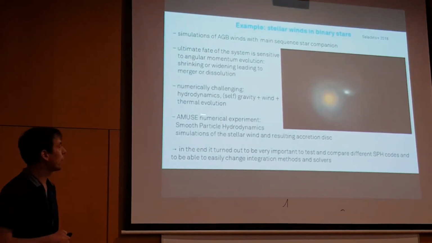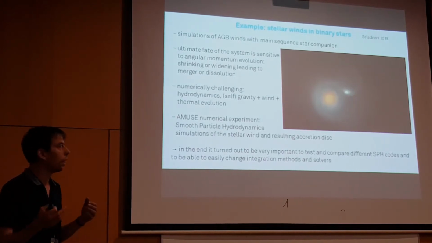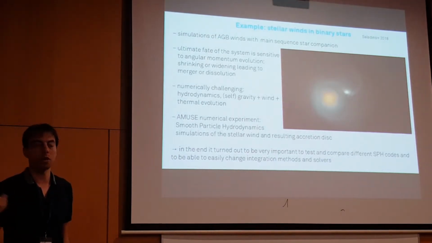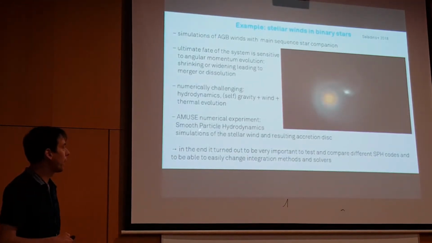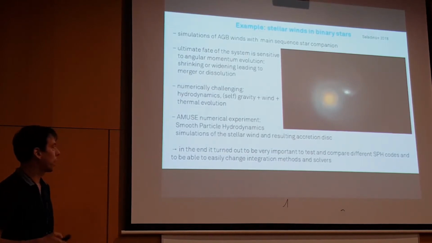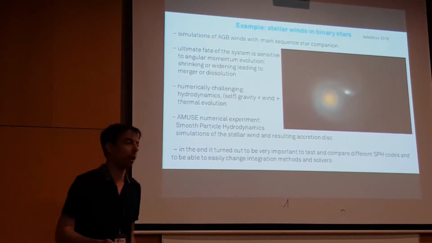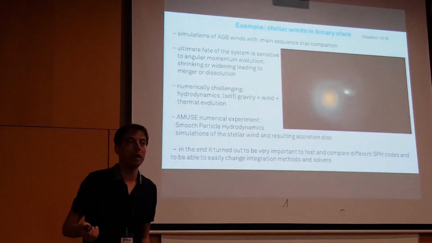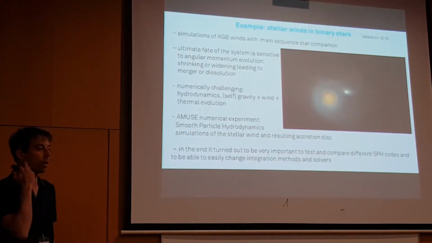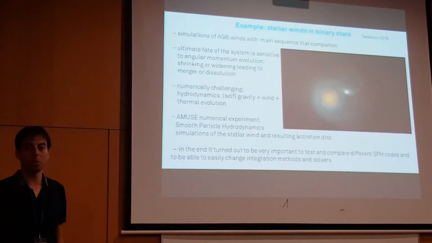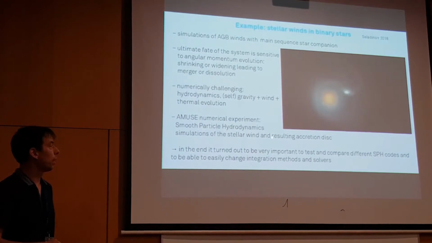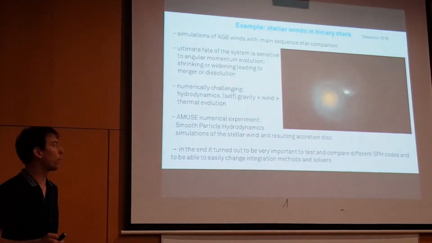It's a numerically challenging problem where different types of physics interact to determine the outcome of the system, which can be a merger or the exponential dissolution of the binary. She set up a numerical experiment with AMUSE based on smoothed particle hydrodynamics, and she really encountered the difficulty where the numerical angular momentum evolution determined the physical evolution of the system, which is, of course, not true.